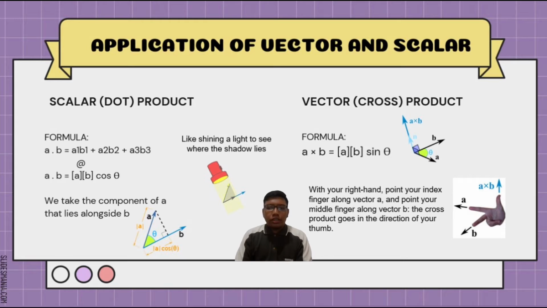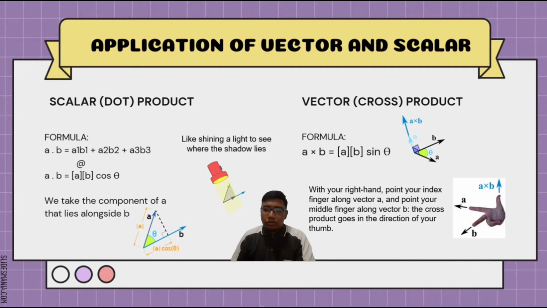Next is the vector cross product. The formula is a cross b equals magnitude a times magnitude b times sin theta. With your right hand, point your index finger along vector A and your middle finger along vector B. The cross product goes in the direction of your thumb.